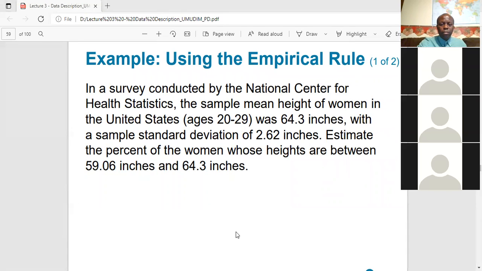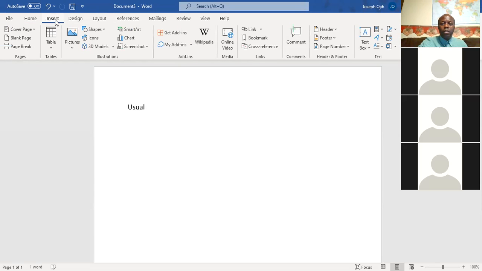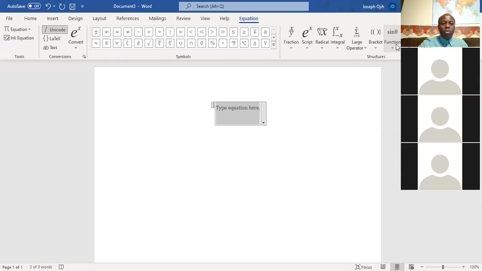So we'll have the mean. Let's see. Insert the mean. I gotta move this thing away. Okay. The mean, x bar, equals 64.3.